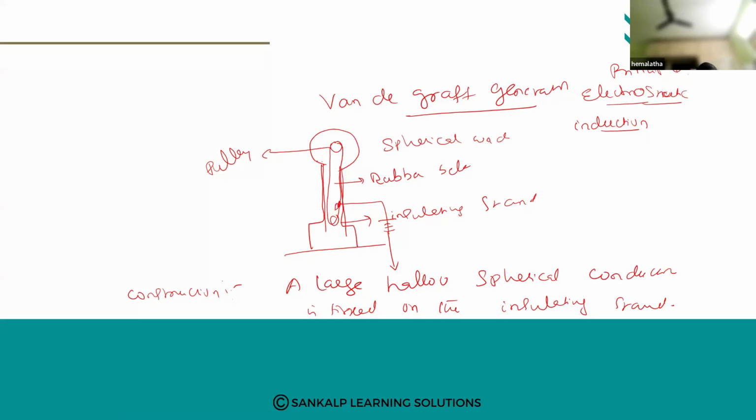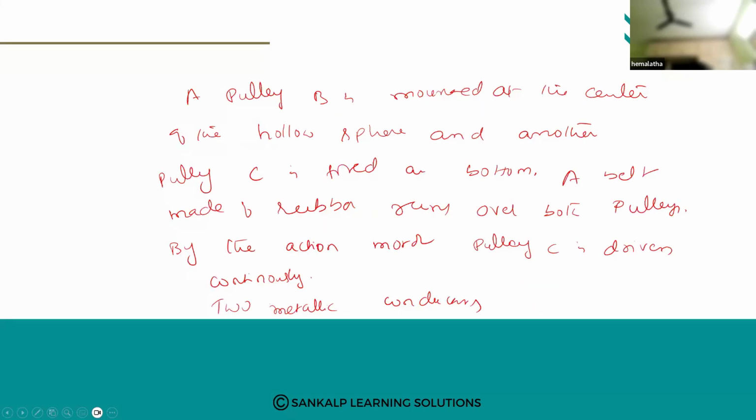Why are two needed? For conduction. E and D are fixed near the pulleys.